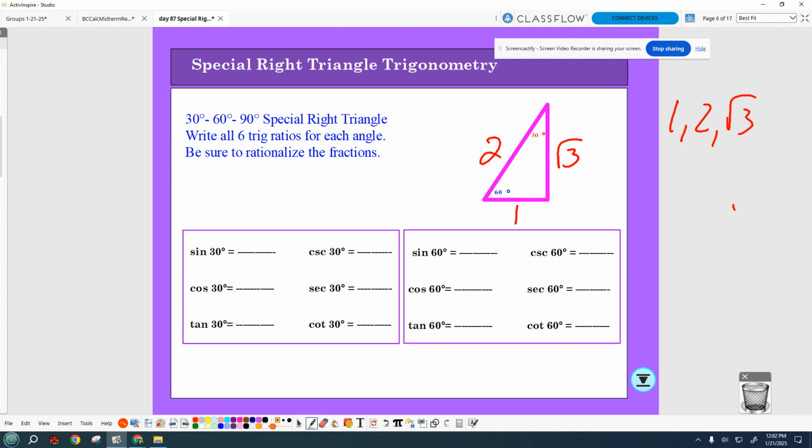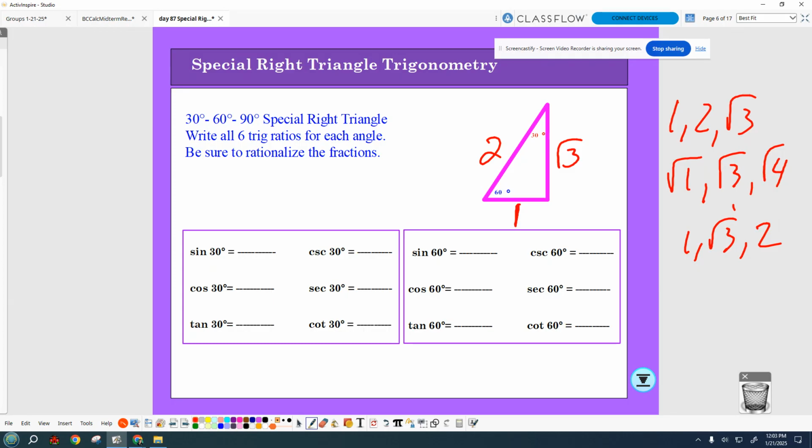Less than 2. Think about it this way: square root of 1 is 1, then square root of 3, and then square root of 4, which is 2. So the smallest side is across from the smallest angle. 60 is smaller than 90, so the next smallest is root 3, and the biggest is 2.